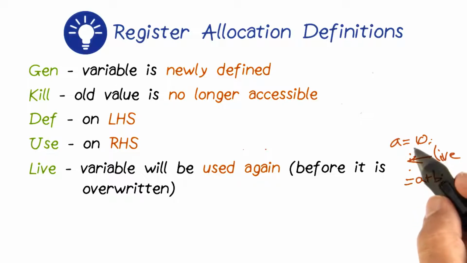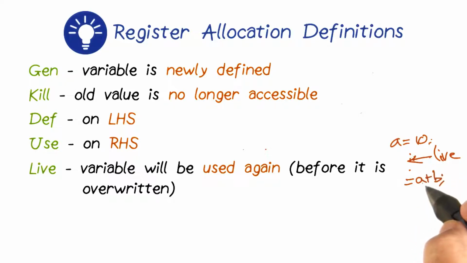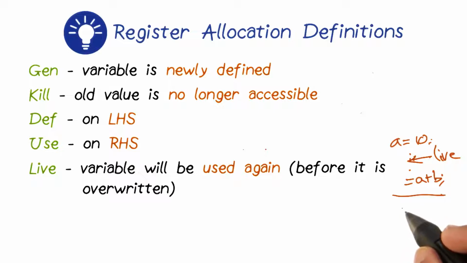Why is it live? Because it is carrying a value which is going to be used, which has a use coming downhill somewhere. However, if this was the last use of a, there was no use of a after this, and we had yet another a defined after this, you can see that this particular a is not being used after this particular point here. So in other words, for this point, the a is dead.